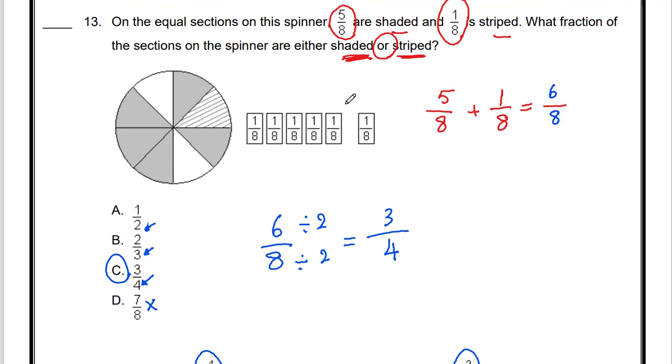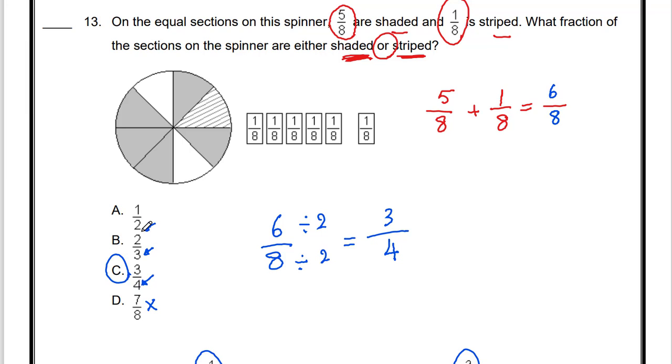As you can see, Muhammad, we have here 5/8 shaded and 1/8 striped. So shaded or striped is 6/8. And we need to find an equivalent fraction to 6/8. I see the denominators 2, 3, 4, 8. The 8 is wrong because it's 7/8.